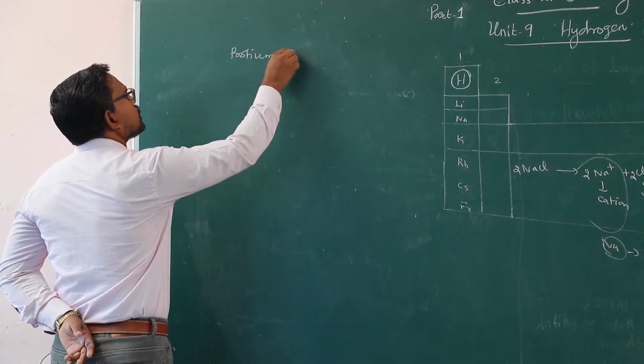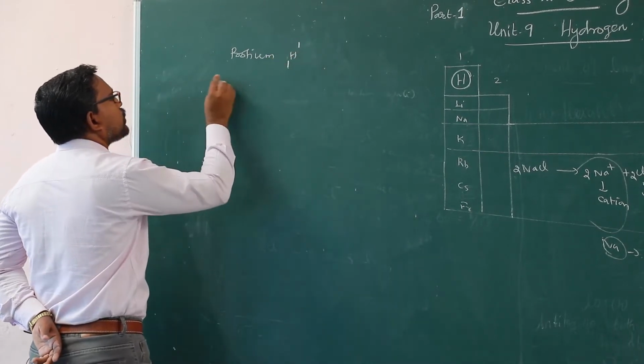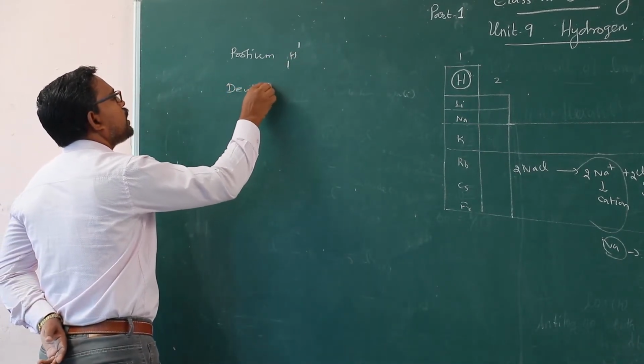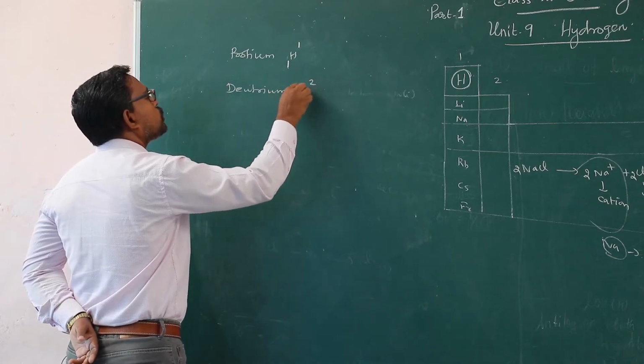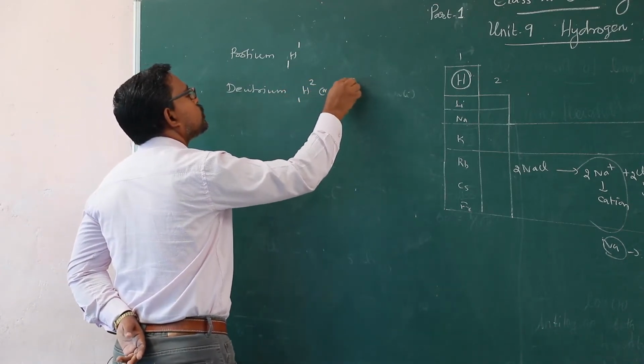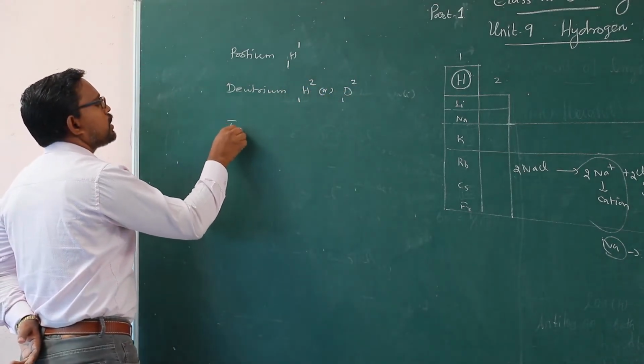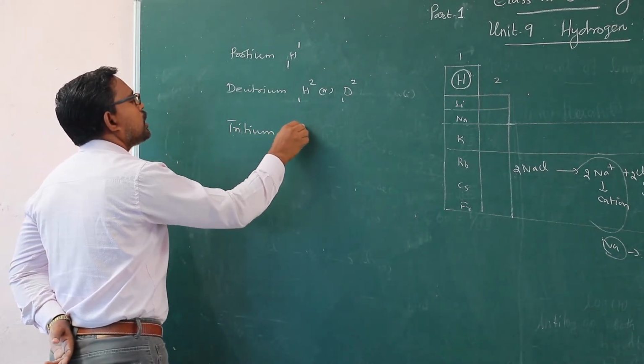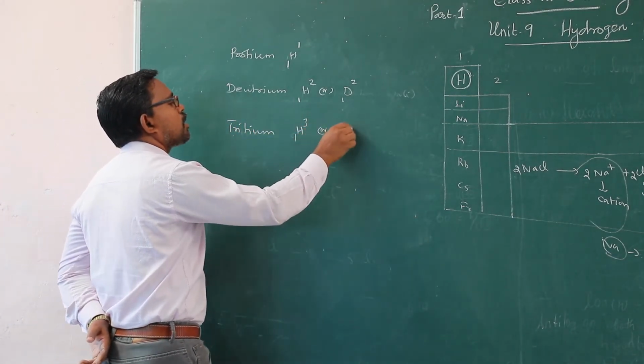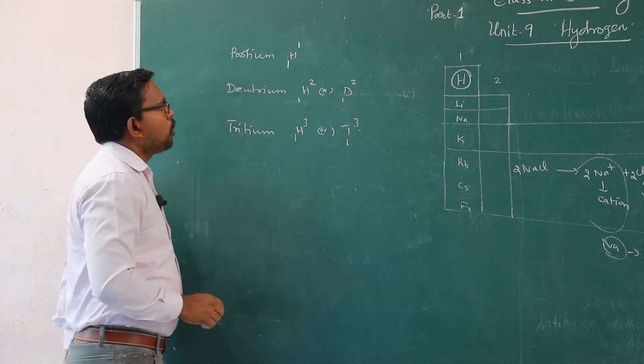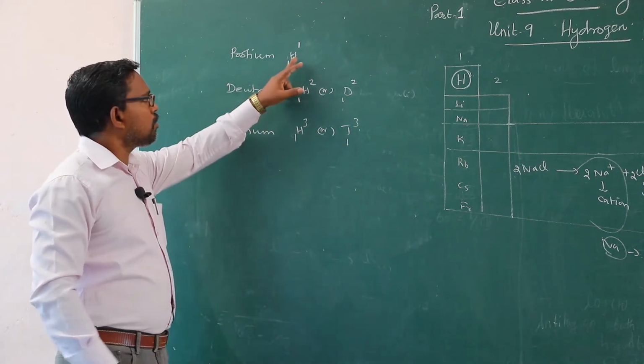Protium, the symbol is H11, deuterium H21 or D21, tritium H31 or T31.